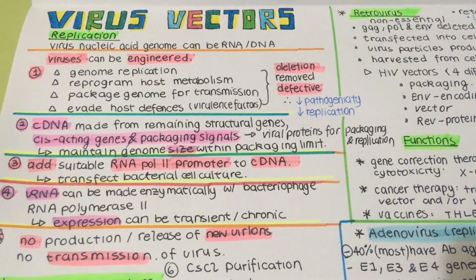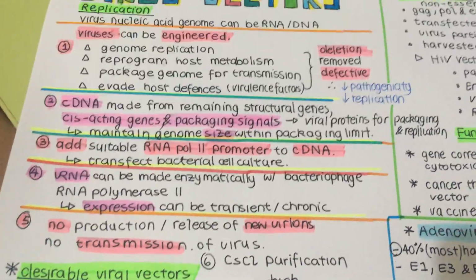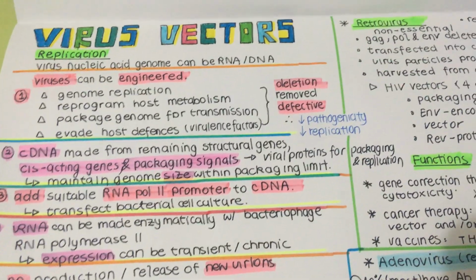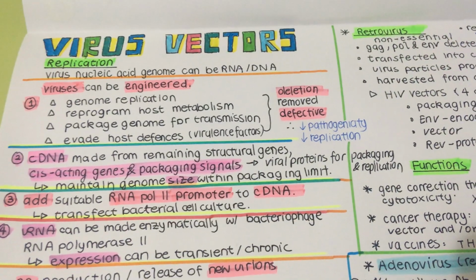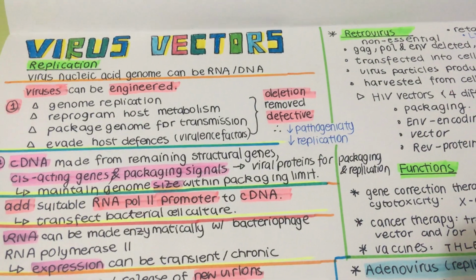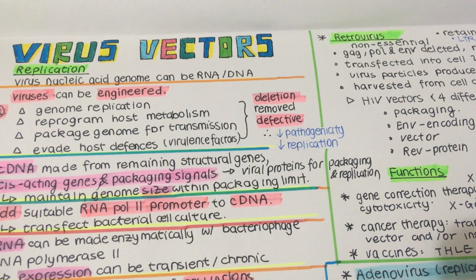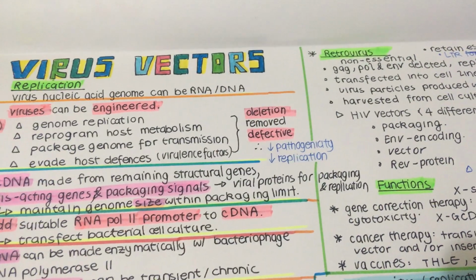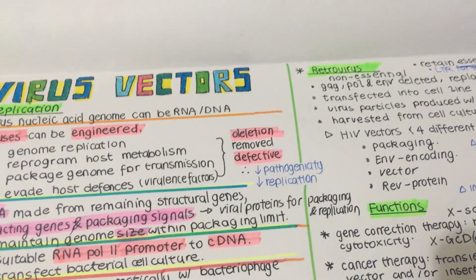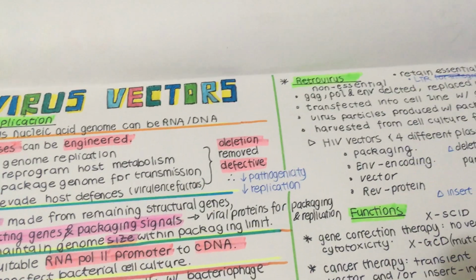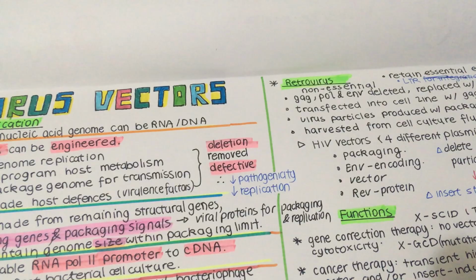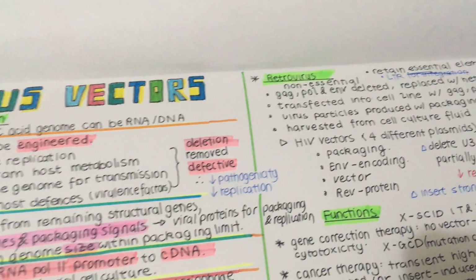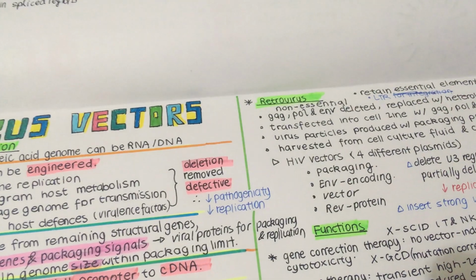And the basic stages include removing the bits that you don't want, and these generally include genes that increase the possibility for pathogenicity and replication competent viruses. Then you would keep all those genes that you need, such as the packaging genes, flanking all those necessary structural genes if you do decide to keep them, with cis-acting genes and packaging signals, while making sure that you stay within the insert limit.